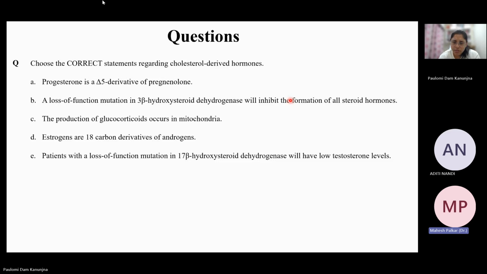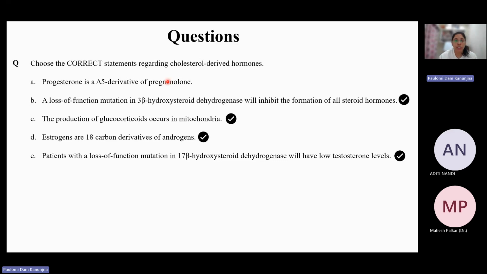A, B, D, E are correct. So C is not correct. Okay. Anyone else? A and E. Okay, let me give you the answers. Sorry. A is incorrect. Otherwise, everything else is correct.